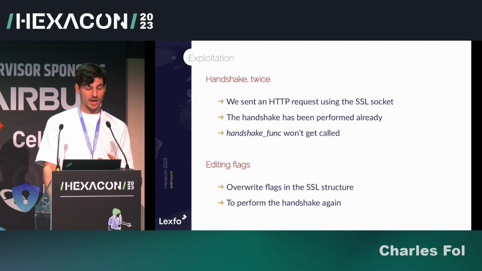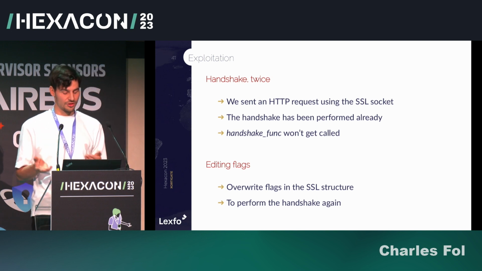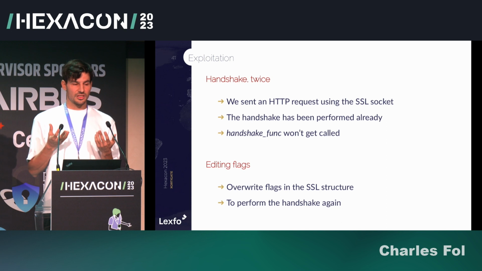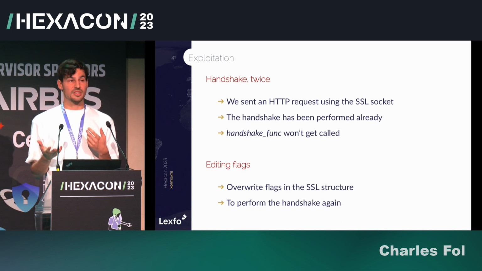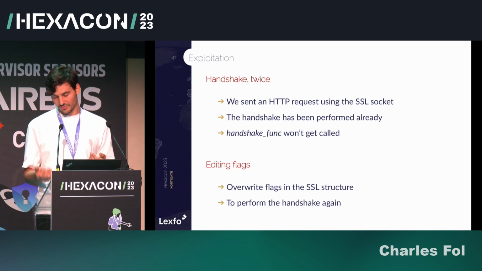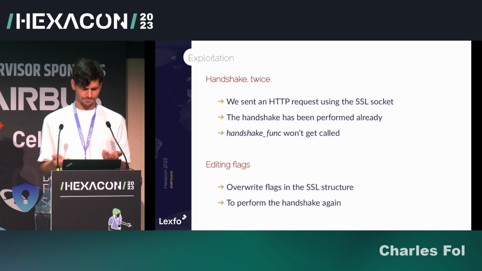There's one thing also. The uncheck func is called when you actually negotiate the SSL session. And since we have sent an HTTP request, that means that we have already negotiated the SSL session. And the beauty of the bug is that we can edit anything in the structure without breaking anything.